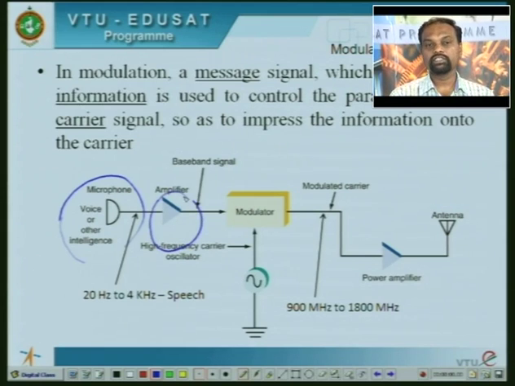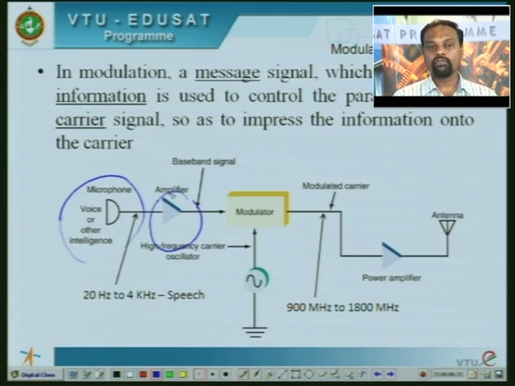Now the microphone captures data, and its output is an electrical signal whose strength will be very weak, very small. To improve the strength of the signal, we give it to an amplifier.